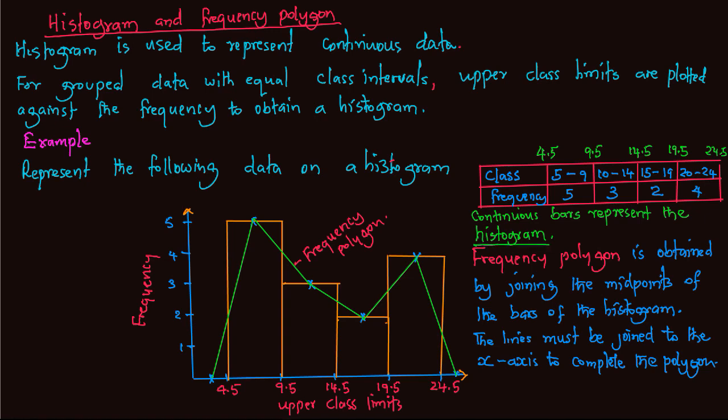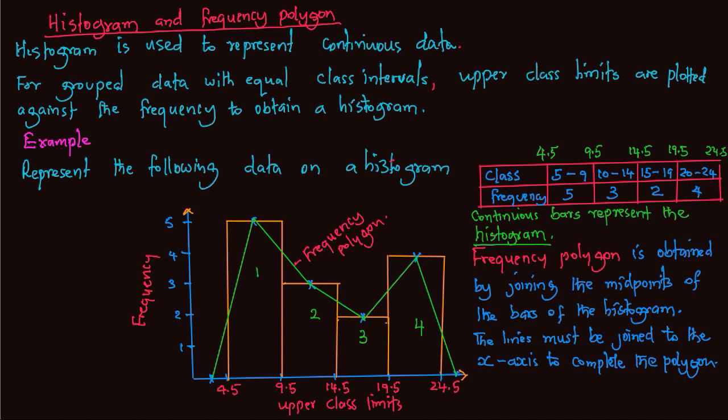That is the histogram, the continuous bars. So the 4 bars, 1, 2, 3, 4, is the histogram for the data.